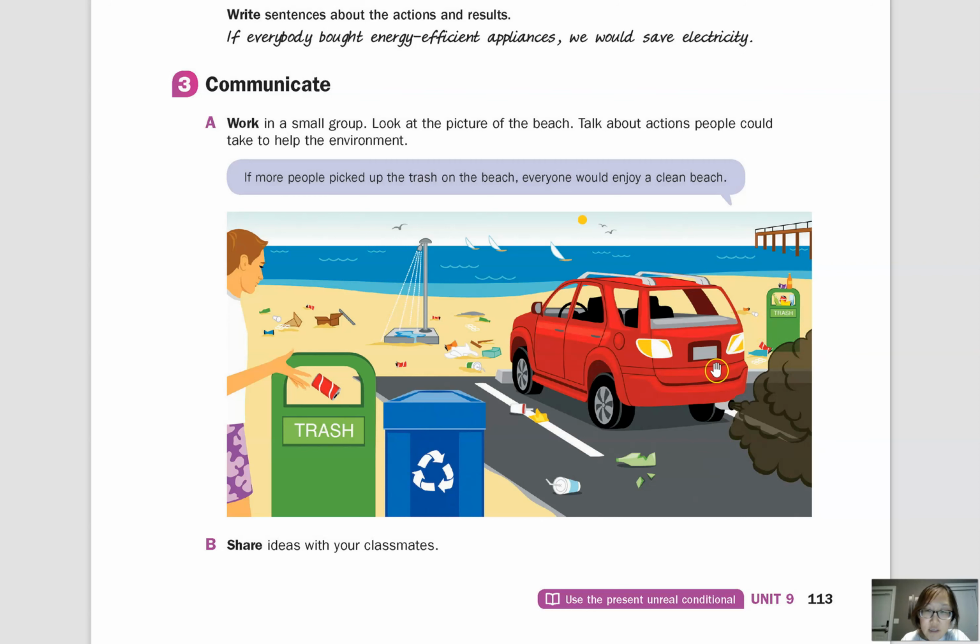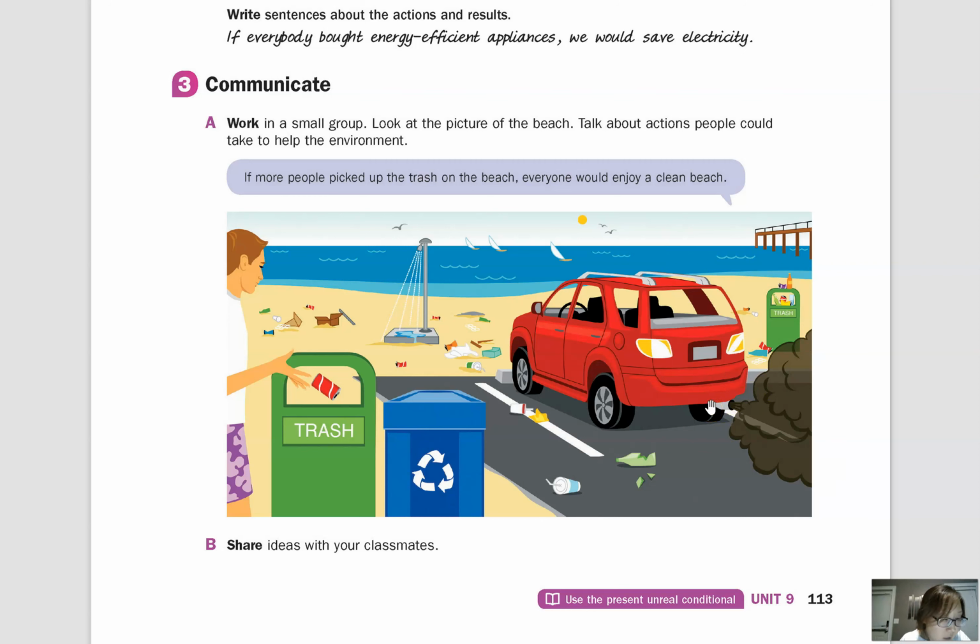Okay, as you can see, there's smoke coming out of this car. So again, we could say, if everybody walked to the beach, or you could also add instead of driving. So if everybody walked to the beach instead of driving, there would be less pollution.